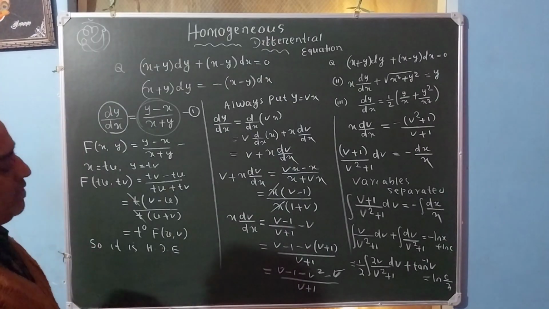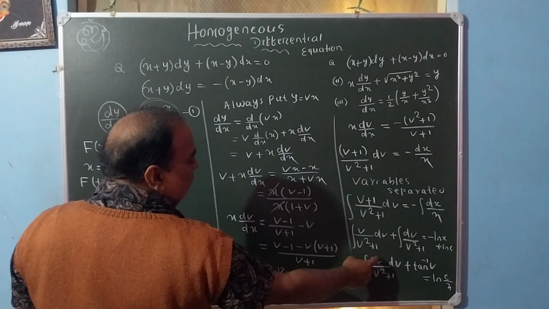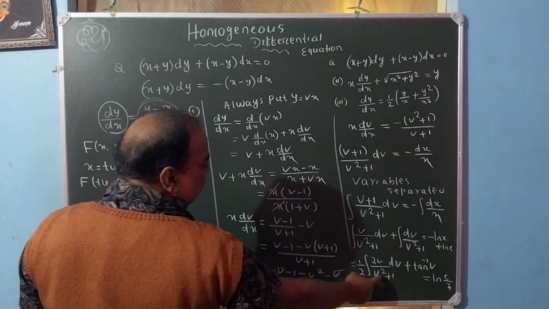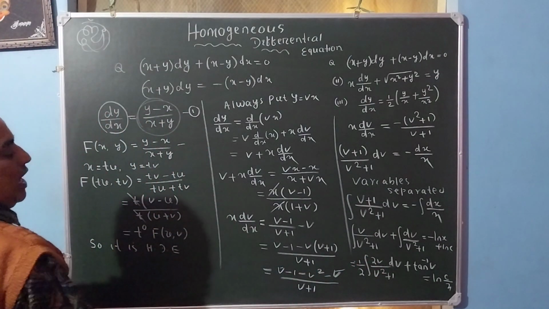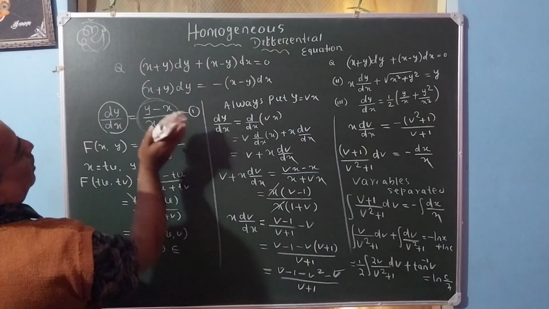So we get integration of this, derivative on numerator, function on denominator, that applying ln(v square + 1).